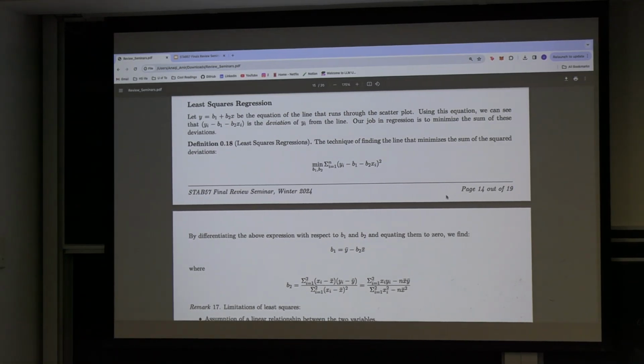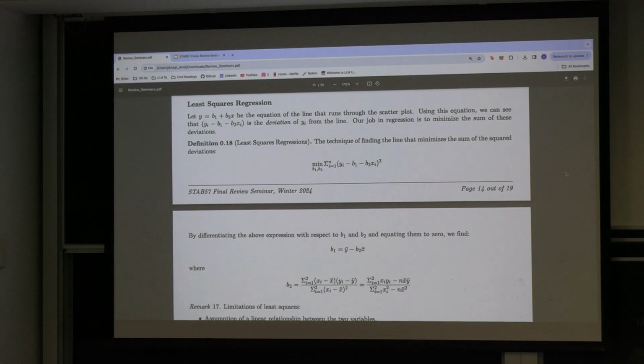It's pretty easy. Regression is a bit more complicated, so we'll go through it slower. So least squares regression is basically the same idea, but instead of just correlation, you're trying to see if there's some significant relationship between the two variables. If you let y equals b1 plus b2x be the equation of the line of best fit, we can see that y minus b1 minus b2x is just the deviation.